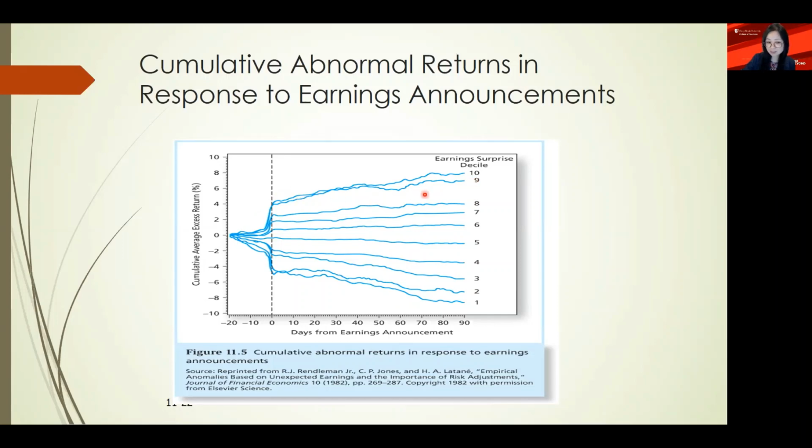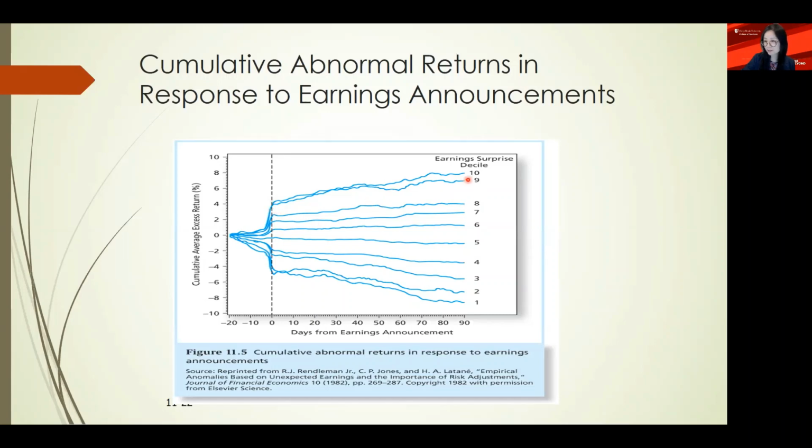It takes 60 days, 90 days for the price to drift towards the direction of the earnings announcement at time 0 and fully incorporate the information content of the news. We're supposed to see flat, right? That's not what we see.